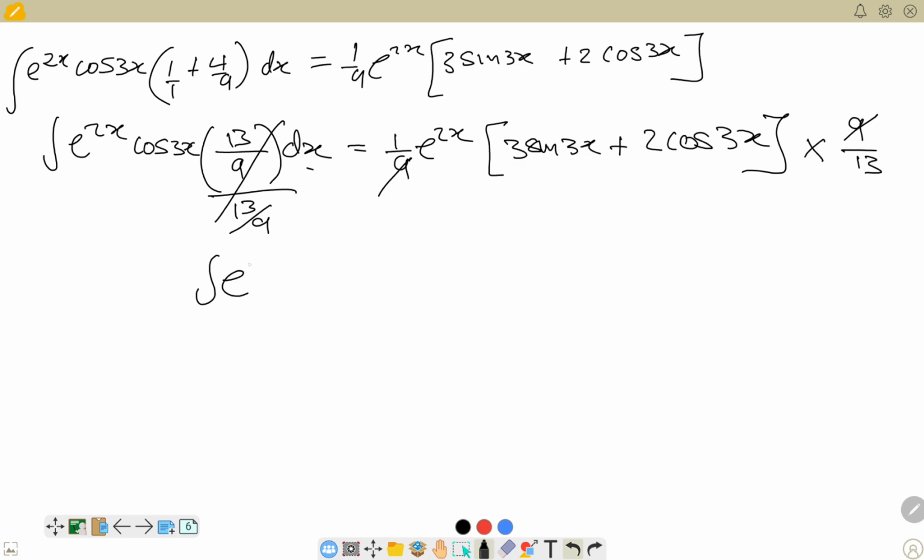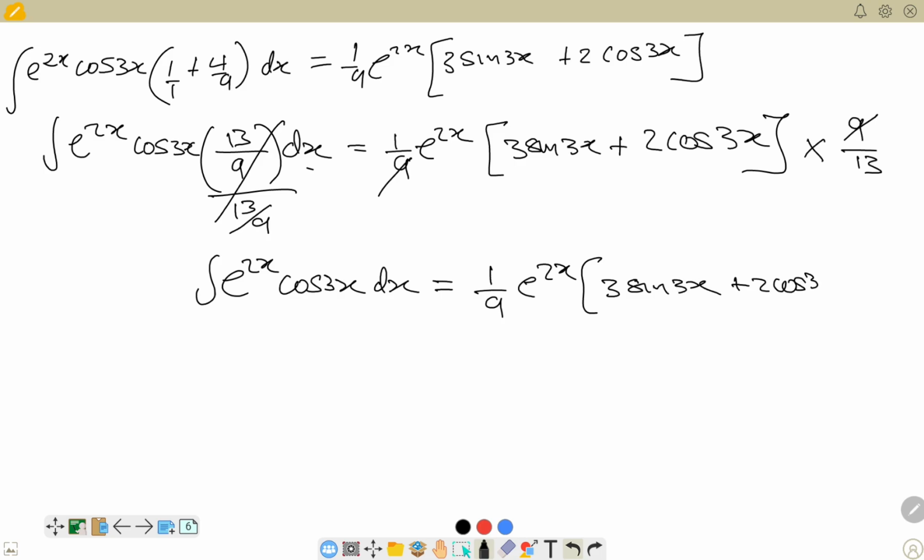So our final answer is that the integral of e to the power 2x cos 3x dx is equal to 1 over 9 e to the power 2x, 3 sine 3x plus 2 cos 3x. Then on the last step, we write plus c to say that we are done. We can integrate it up to that point only.